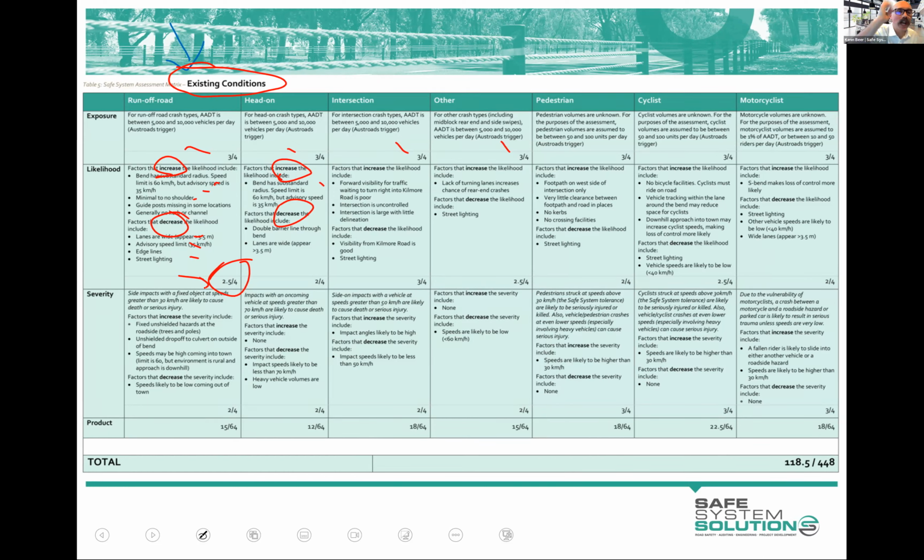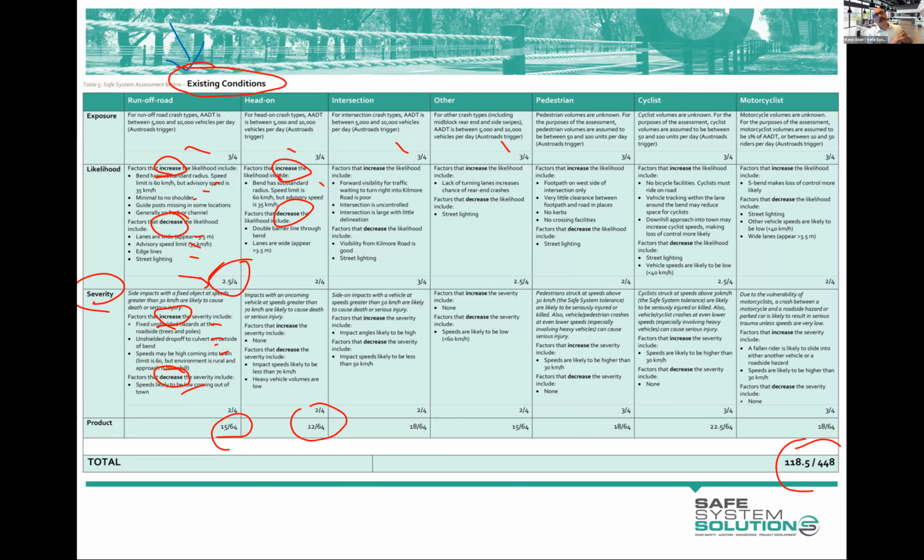So it's not just plonking a score in. It's dot pointing and justifying it, putting your thinking in there. Then they've gone to severity, again with factors that increase the severity and factors that decrease the severity, and you can see those scores. They've got their final scores, added up, a score of 118 out of 180.5 out of 448.